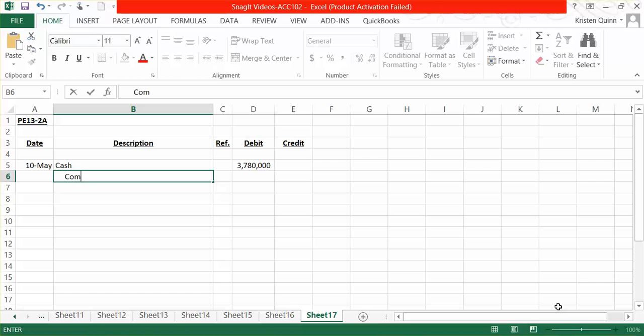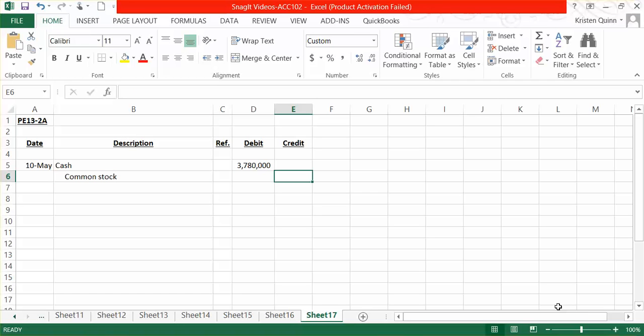What we are giving to them in return is common stock. It's no par common stock, but we still list it as common stock. Common stock is an equity account, which means that it increases with a credit.